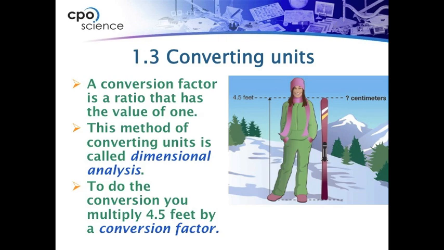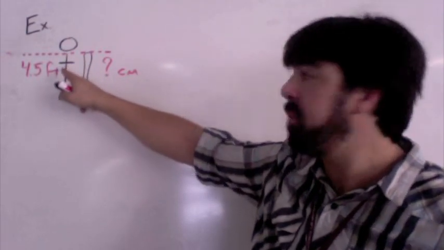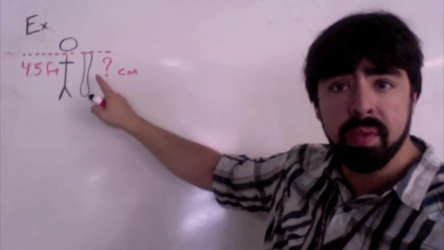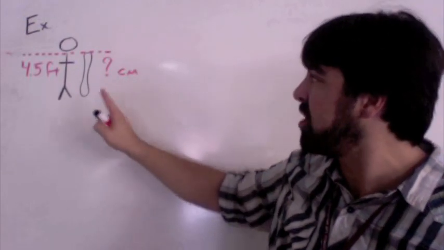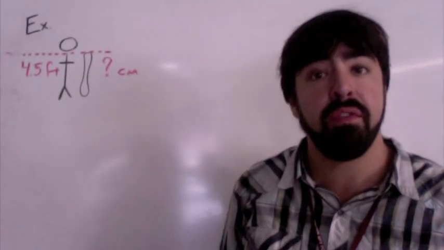We need to multiply 4.5 feet by something, this conversion factor, to figure out what the length of that ski is in centimeters. Our girl to her shoulder is 4.5 feet. The ski is the same height. We want to use dimensional analysis to determine how many centimeters are in 4.5 feet.